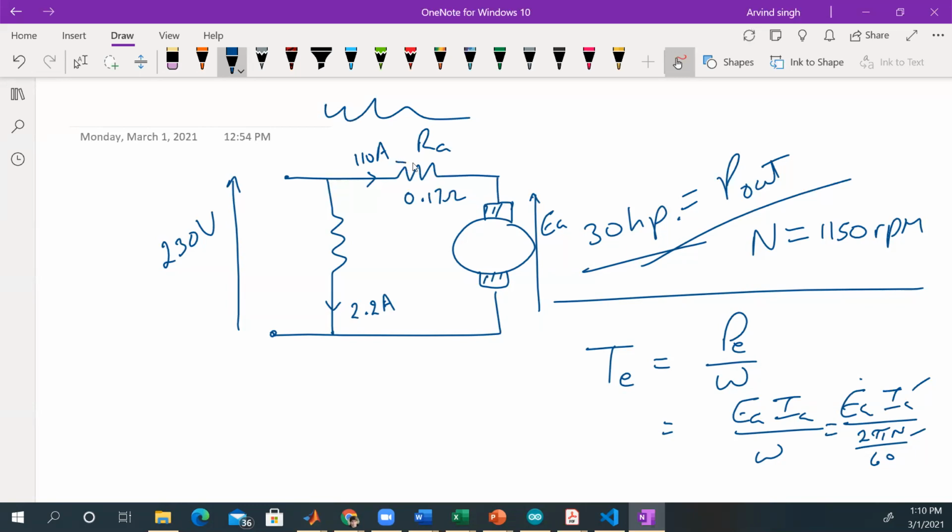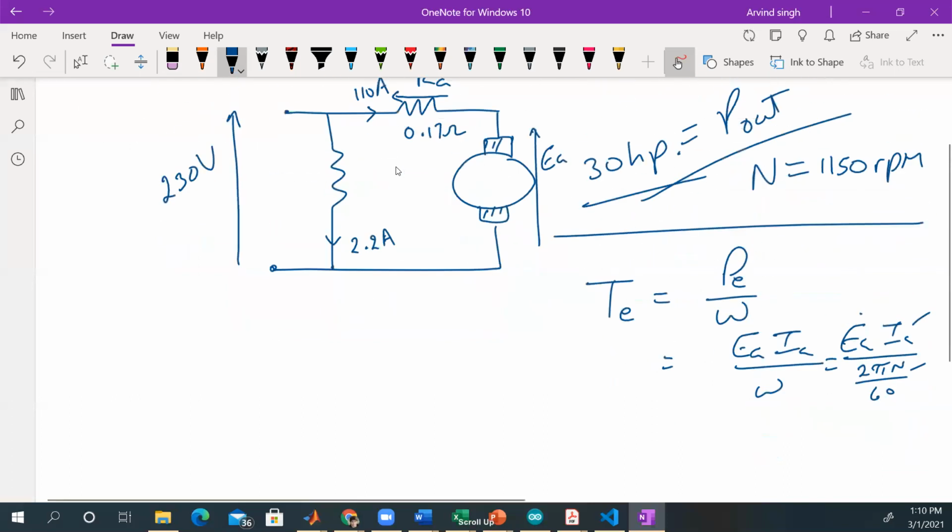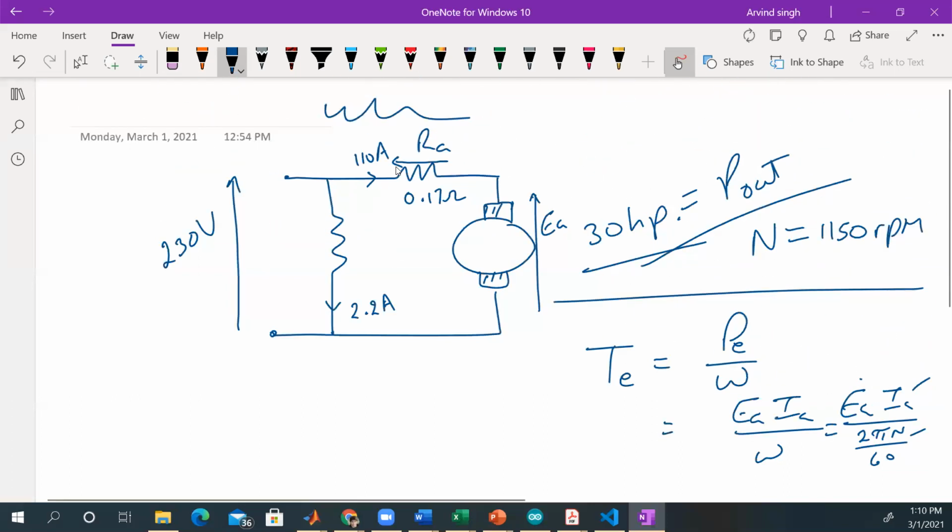So we know this is going to give us a voltage drop in this direction. So we could find EA as EA would be equal to VT minus IA by RA, because of course we are dropping the voltage going in that direction. Good, everybody okay so far?